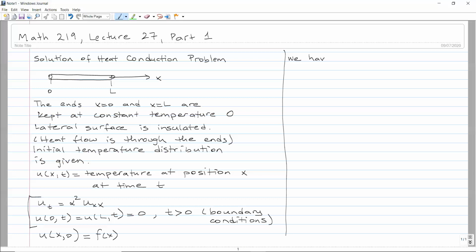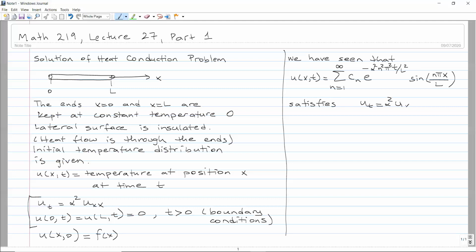So we have seen that the function u(x,t) defined as an infinite sum, n from 1 to infinity, some constant c_n times the exponential function e to the power minus alpha squared n squared pi squared t over L squared times sine of n pi x over L, satisfies the equation u_t equals alpha squared u_xx and the boundary conditions u(0,t) and u(L,t) are 0.